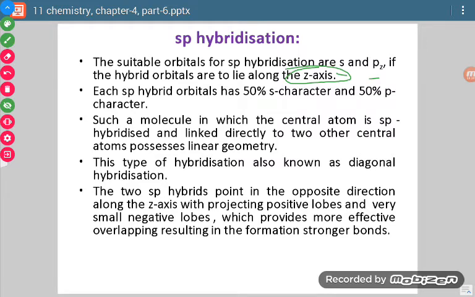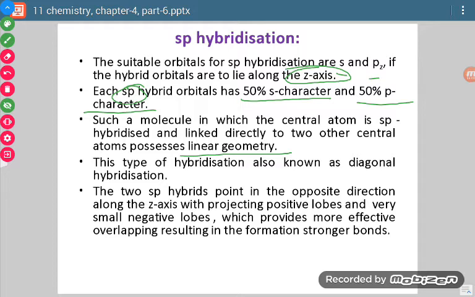There are only two orbitals, so what is their character? 50% is s character and 50% is p character. A molecule in which the central atom is sp hybridized and linked directly to two other atoms possesses linear geometry. So if there is sp hybridization, one central atom and two surrounding atoms, there will be a linear geometry.